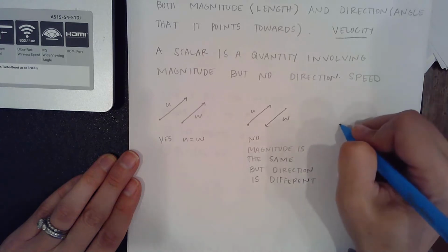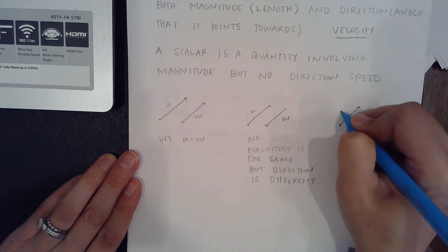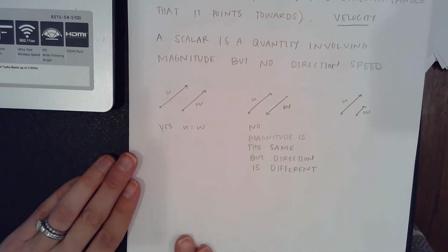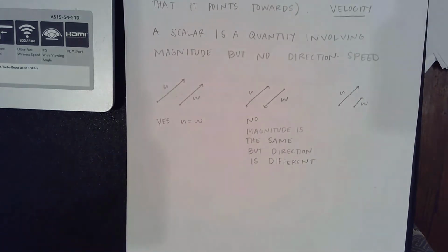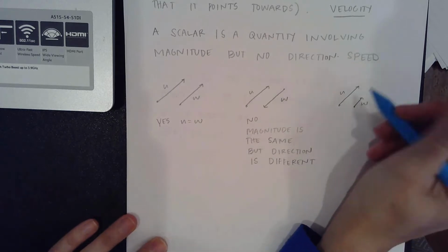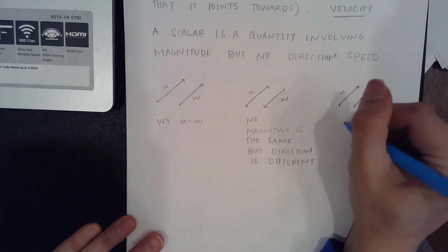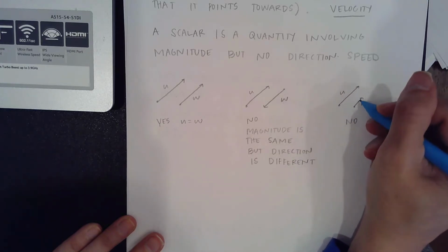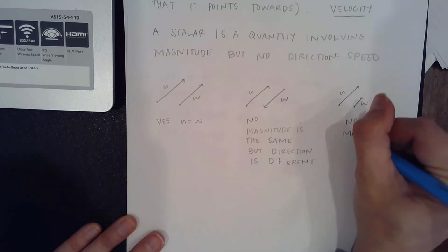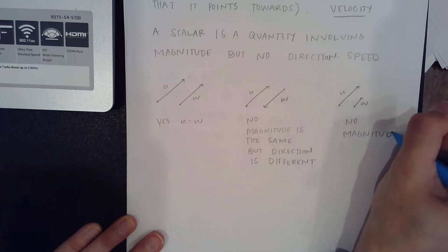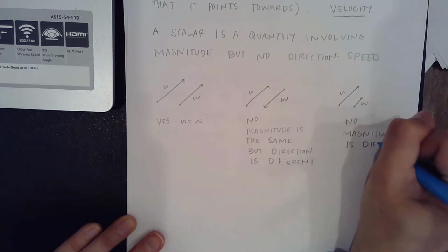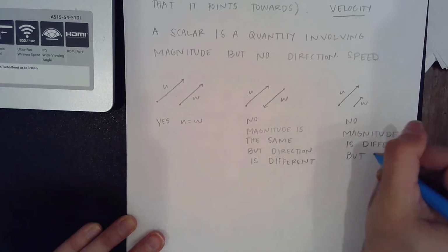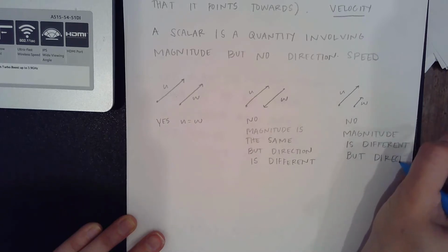All right, so what about these two vectors? So vector U, vector W here, the answer here would be no, they're not equal because the magnitude is different, but the direction is the same.